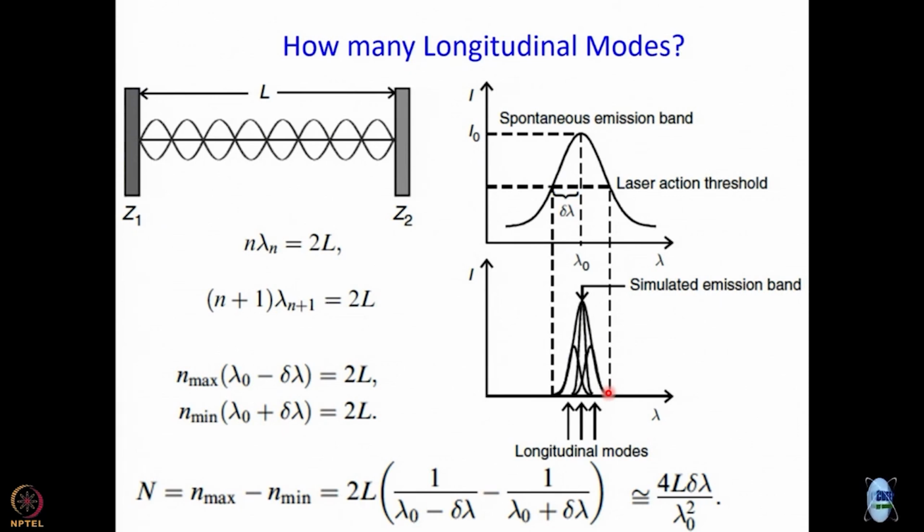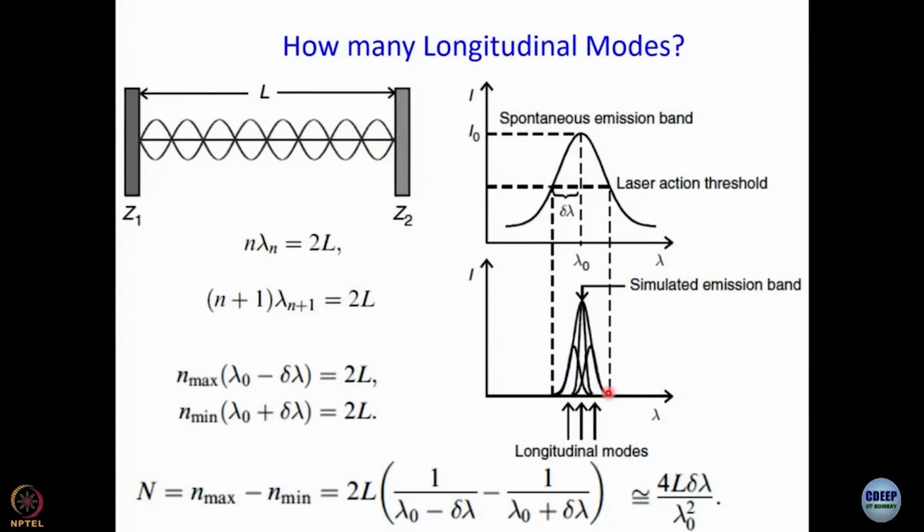It would not have occurred to me for sure. If delta lambda increases, N will actually increase. I would not have guessed it, to be honest. And lambda 0 square in the denominator, that also would cause N to increase. Okay? If lambda 0 decreases, N will increase.